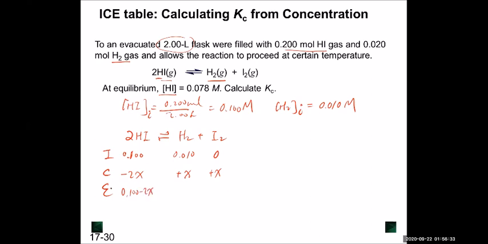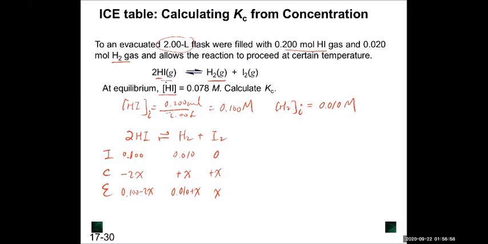That's the equilibrium, the end of the reaction. And for H2 it's the same thing. I2 is 0 plus x, so in the end it is x. Okay, can we solve for x? We don't have the Kc, the equilibrium constant.